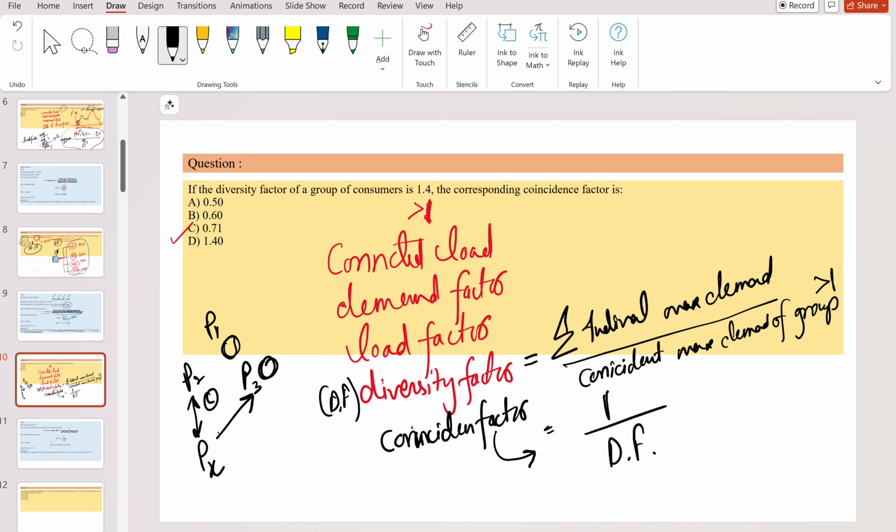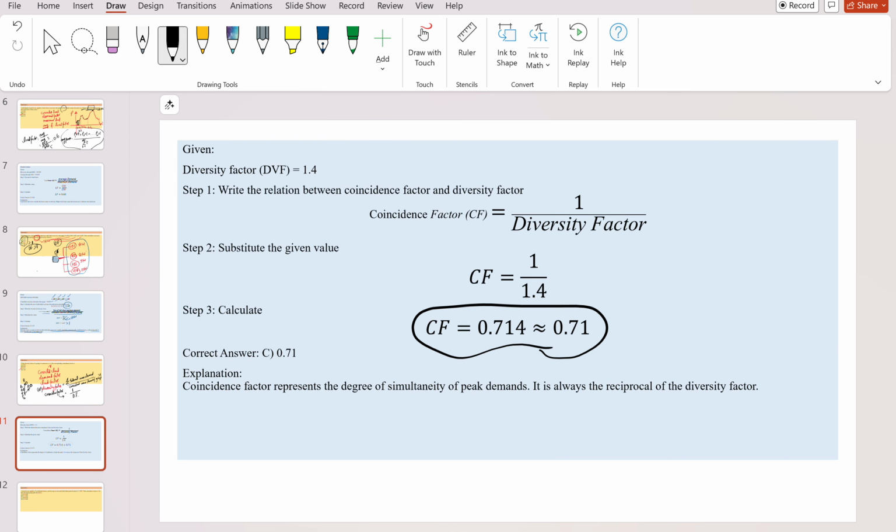Same with P3, and also P1 and Px. So you take a particular house and see how much difference there is between the average of all the houses and the individual maximum. When you take 1 divided by 1.4, it comes out to be 0.71. The coincidence factor represents the degree of simultaneity of the peak demand. It is always the reciprocal of the diversity factor.